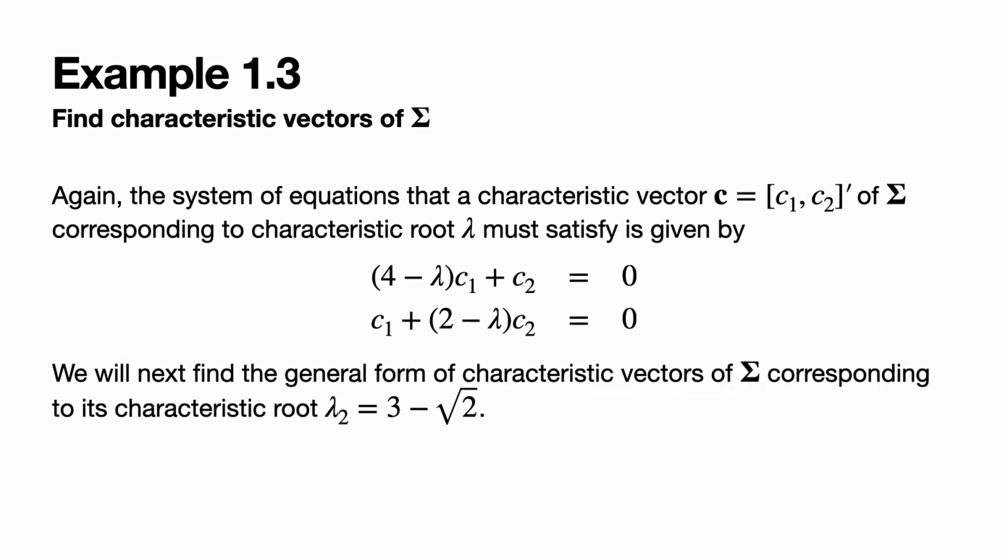Okay. Again, remember that the system of equations that a characteristic vector of cap sigma corresponding to characteristic root lambda must satisfy is given by this system of equations here. And so what we're going to do next is find the general form of characteristic vectors of cap sigma corresponding to its characteristic root lambda 2, which is equal to 3 minus the square root of 2.